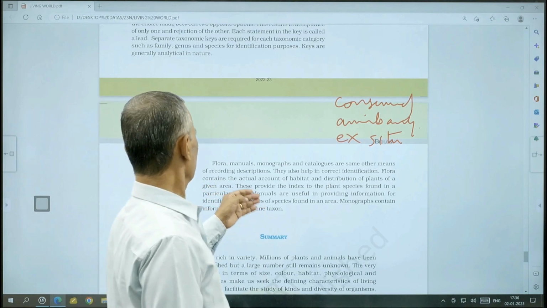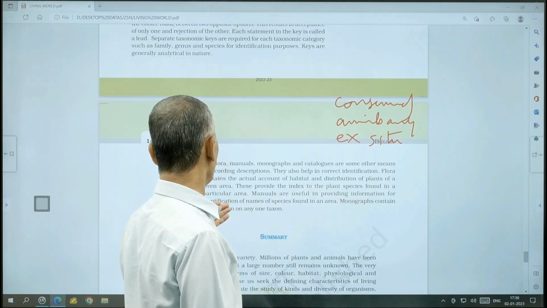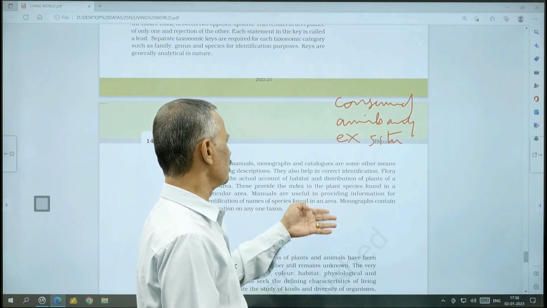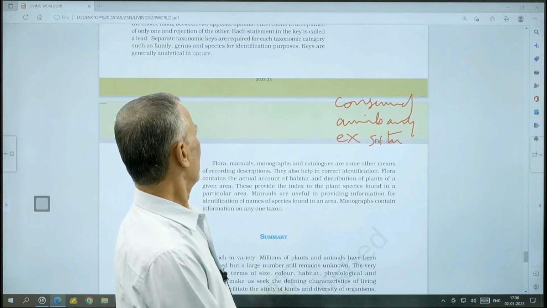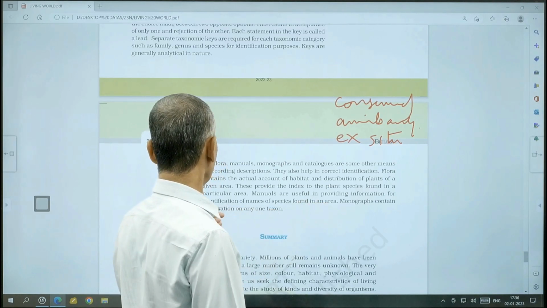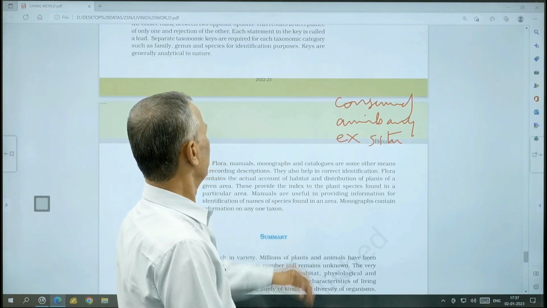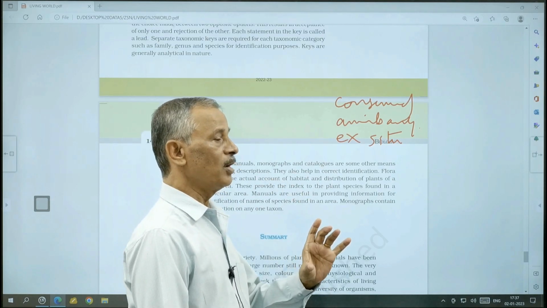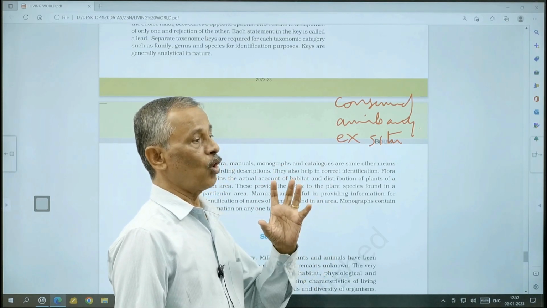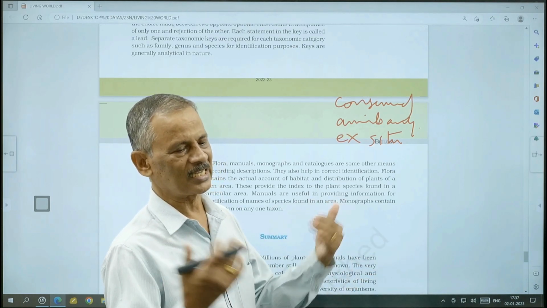Then manuals are useful in providing information for identification of names of species found in an area. Then monographs contain information on any one taxon. Catalogs are checklists which enable us to identify whether a given organism is present in an area or not. It is only a checklist.